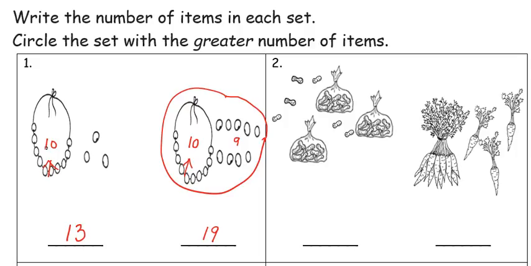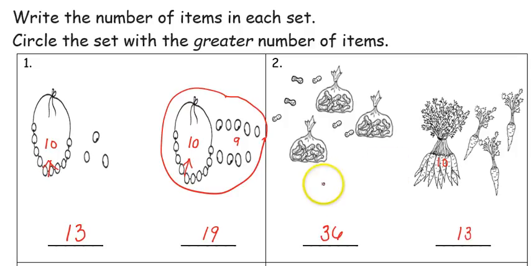Moving to problem number 2, I'm starting off with bags of peanuts, and I have 3 bags. They each have 10 peanuts, so that would be 30. And then I have 6 more individual peanuts for a total of 36 peanuts. I'm comparing that to carrots. Here I have a group of 10 carrots and 3 more carrots for a total of 13 carrots.